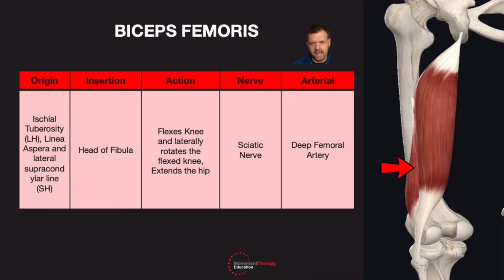The short head will attach onto the back of the femur, and then there's that linea aspera on the back. There we go. So linea aspera, which is the white line at the back of the femur, and then the long head attaches onto the ischial tuberosity. All right, so again we've got the majority of the muscle crossing two joints.